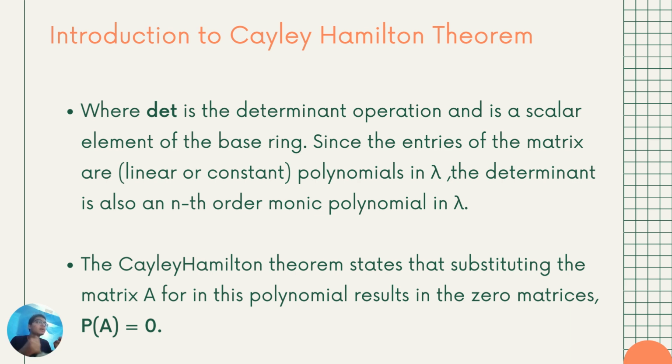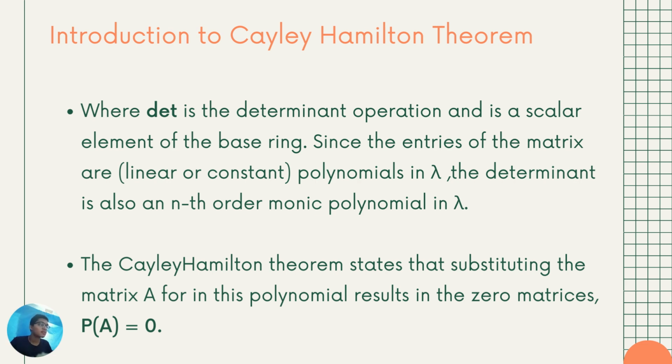What this says is that the polynomial we get from the characteristic equation has a degree equal to the order of the matrix. Now, the Cayley Hamilton theorem states that substituting the matrix A for lambda in this polynomial results in the zero matrix, that is, p(A) equal to 0.